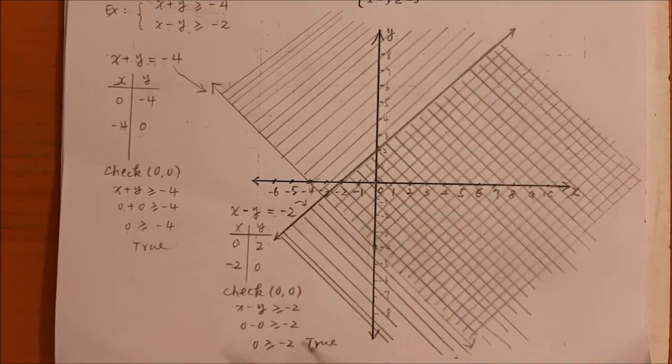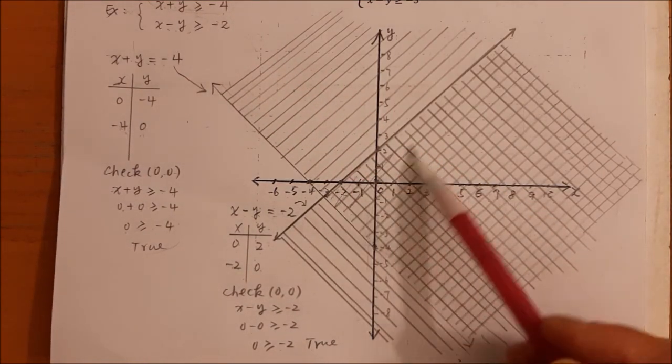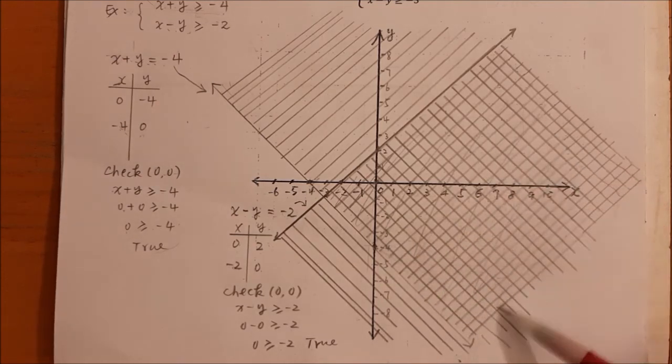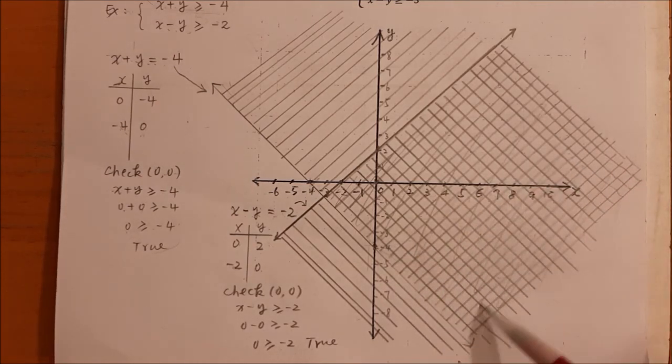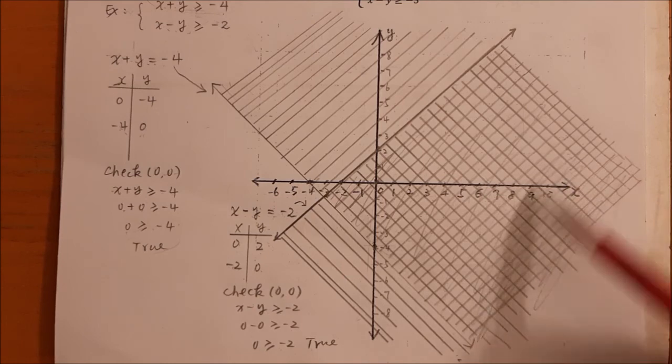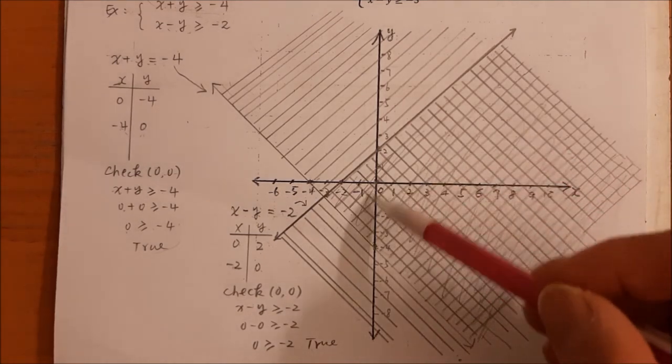You have to find the points that satisfy both, that make both inequalities true. That's going to be this intersection area. Those points are on the intersection.